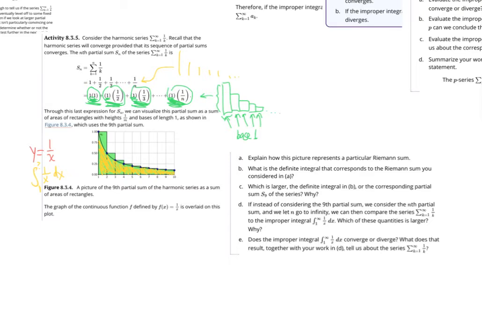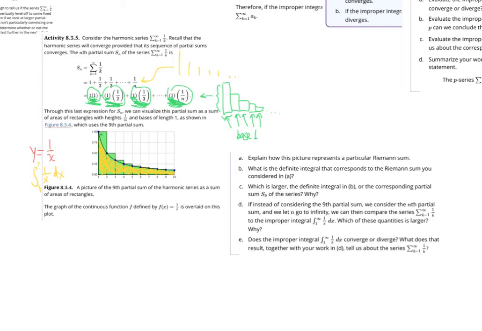Okay, so we kind of answered A just now with what we were annotating in the picture here. And we answered B over here, except we left this as a question mark. So to fully answer part B, we noticed that the integral would go from 1 to 10.